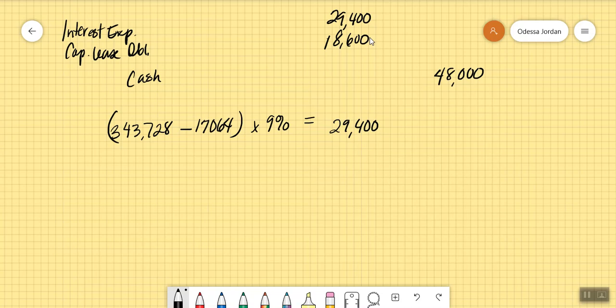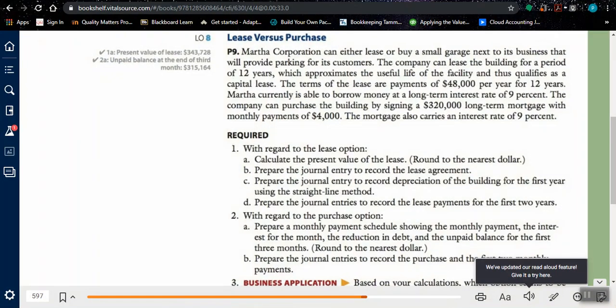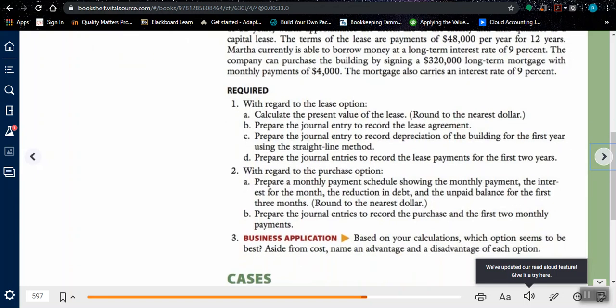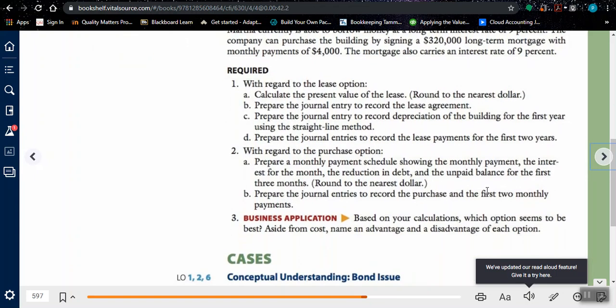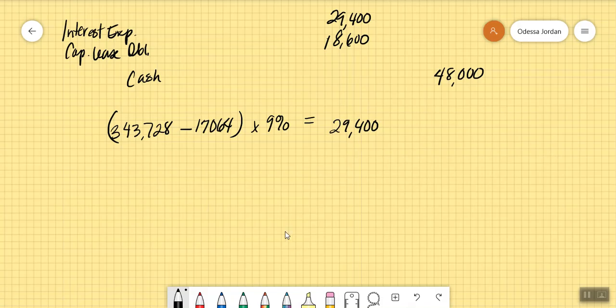All right. So then we go to number 2, and it says, with regard to the purchase option, prepare a monthly payment schedule showing the monthly payment, the interest for the month, the reduction in your debt, and the unpaid balance. All right, so I'll need some space for this.